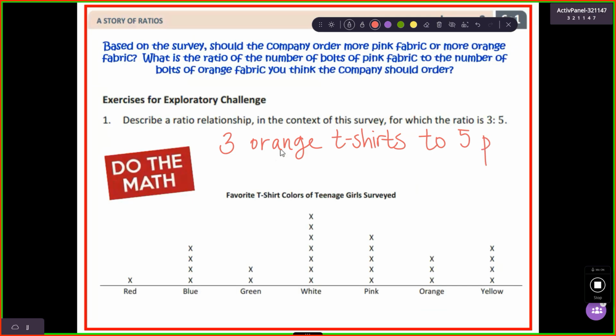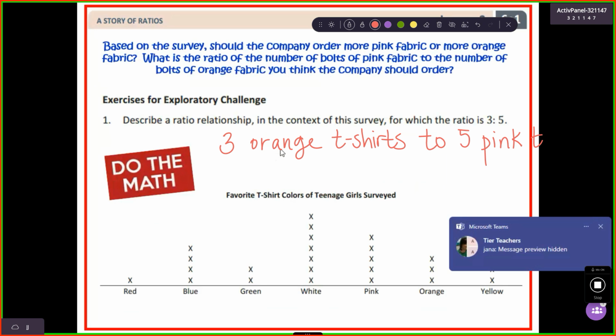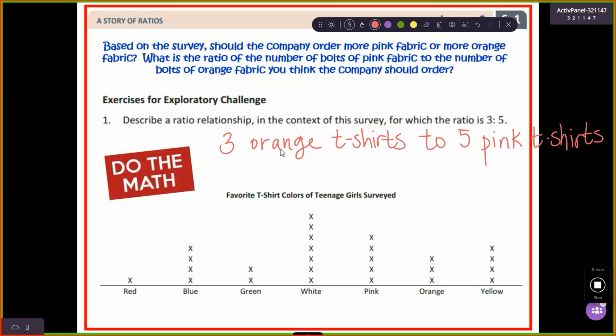What you just did was a ratio story, which is called a ratio relationship. Did we do it in the order that it wanted? Yes, we did it 3, to, 5. And it just wanted to know what's the ratio relationship. What's the story? It's 3 orange T-shirts to 5 pink T-shirts. That's the relationship. Okay?